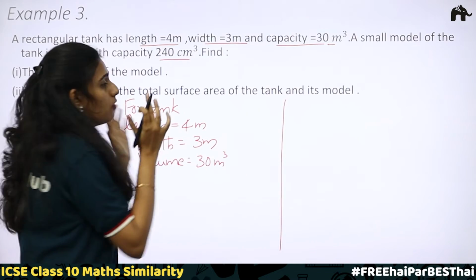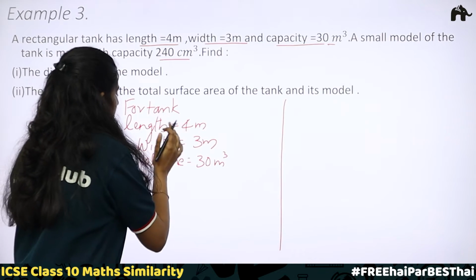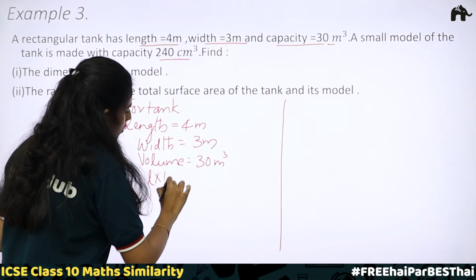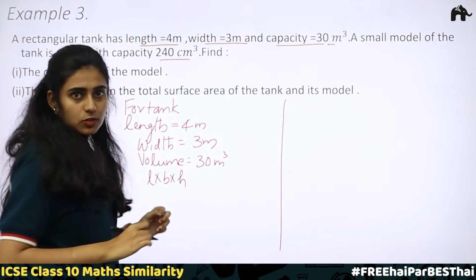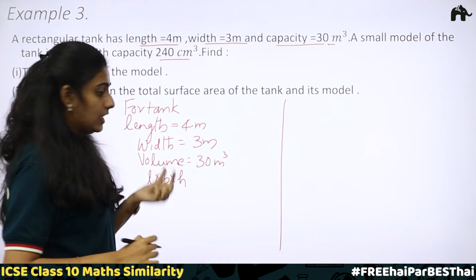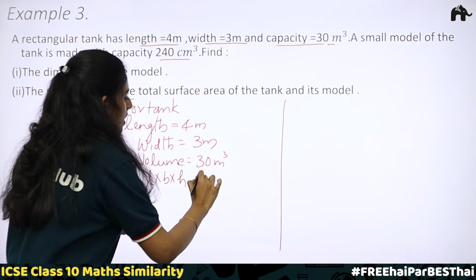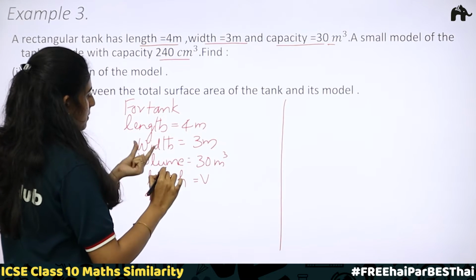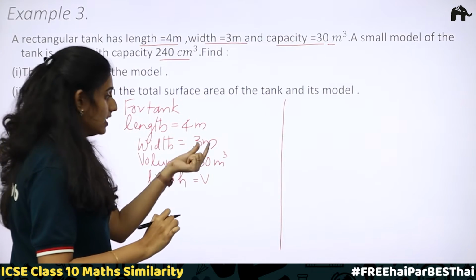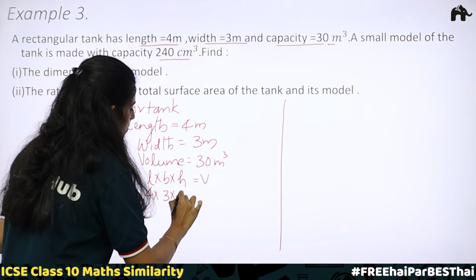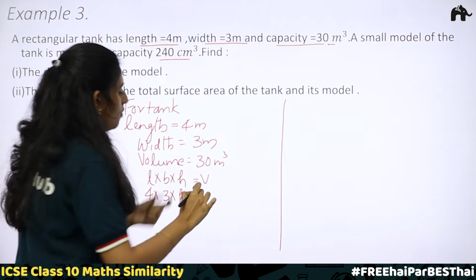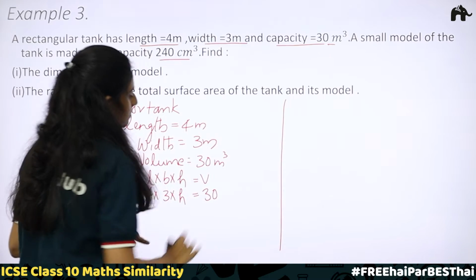Okay, we know volume of the tank will be equal to length into breadth into height. Here breadth is same as width, so 4 into breadth 3 meter, 3 into height we don't know, we put it as h, is equal to the volume given, 30.